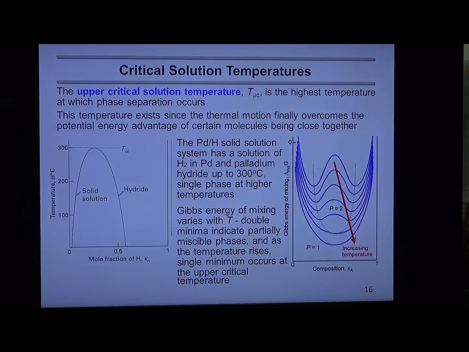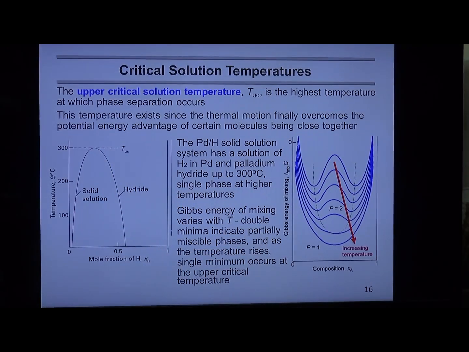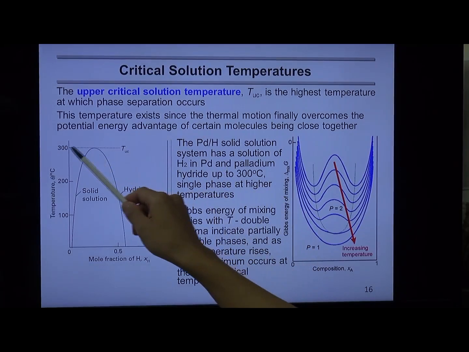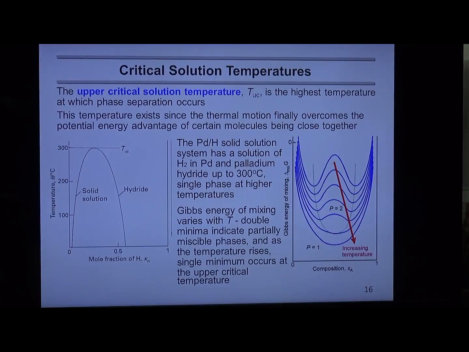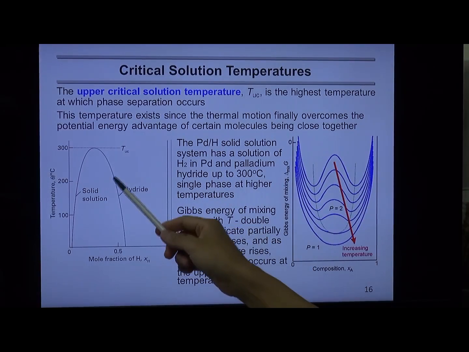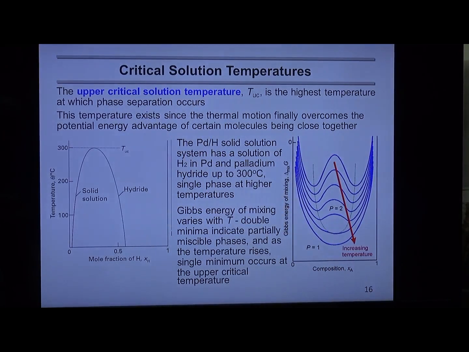For this kind of partially miscible mixture, there is a certain temperature called the critical solution temperature, which determines the highest temperature at which phase separation occurs.